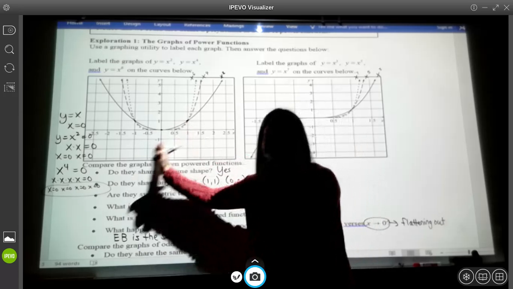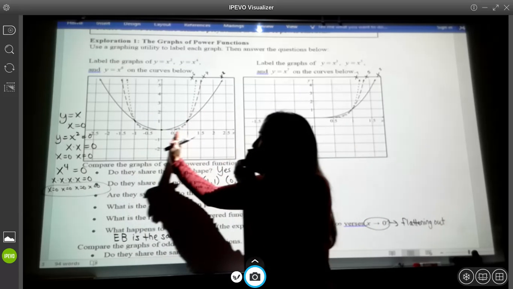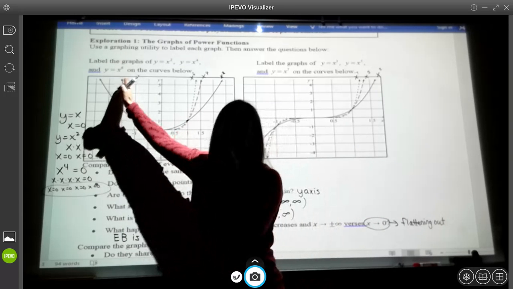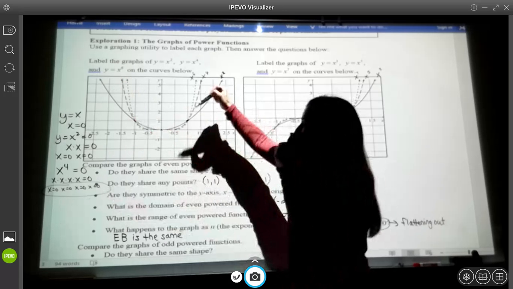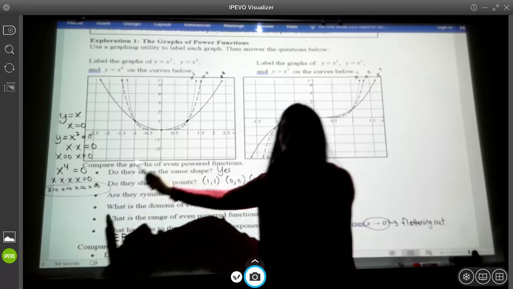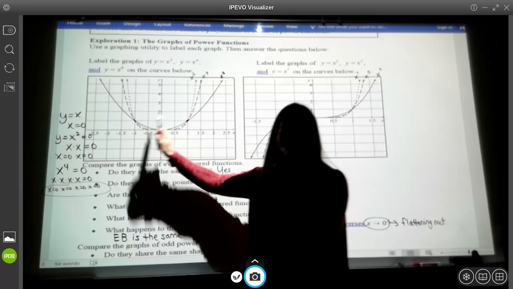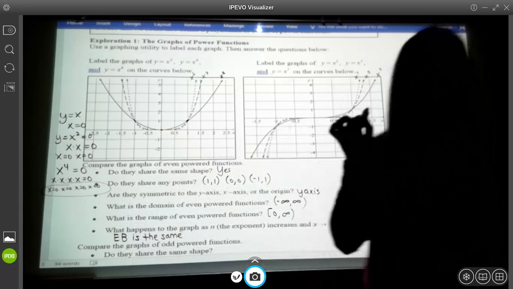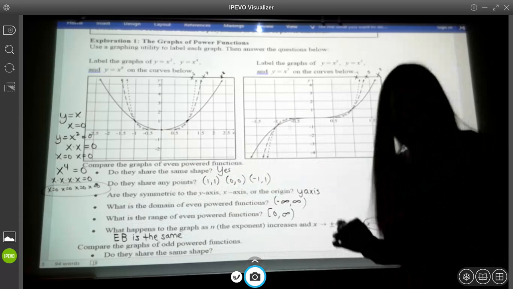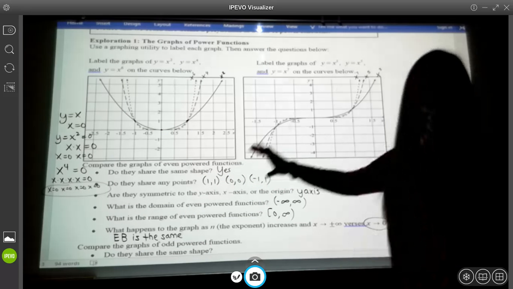It doesn't come out the other side. It literally bounces back in the same direction from which it came. So an x-intercept at an even multiplicity, we call it a bounce. It doesn't actually cross over the x-axis at an x-intercept with even multiplicity. And we're going to talk more about that later.